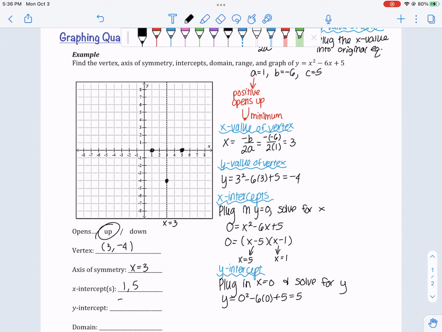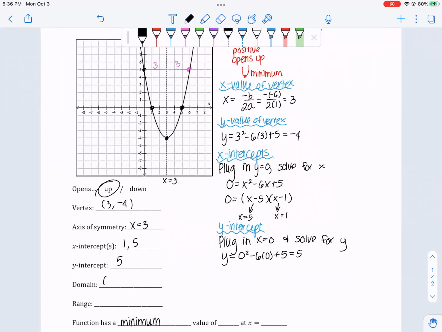So the y-intercept is at 5. Now, it's really great with the axis of symmetry. If I know this point right here is 3 units away, I can go 3 units away on the other side and plot another point, because it's an axis of symmetry. It's symmetric. Okay. That looks good enough. There's my graph.